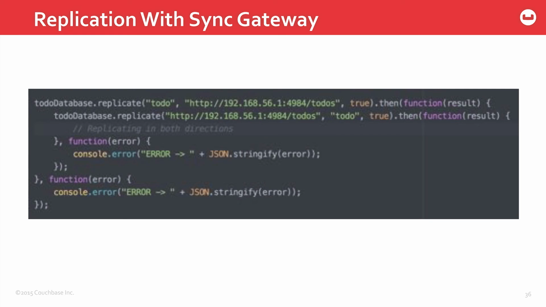Then if there's a change on the server side, that will be pushed down to your device. So you're basically writing UI and UX code here, that whole experience. Once the local starts replicating up, we can also replicate from the Sync Gateway down to the local, so you can start two replication processes here.